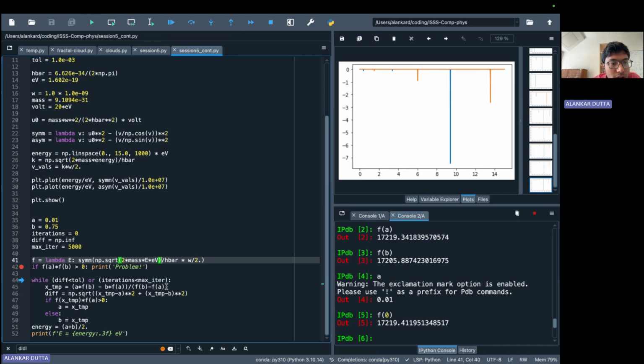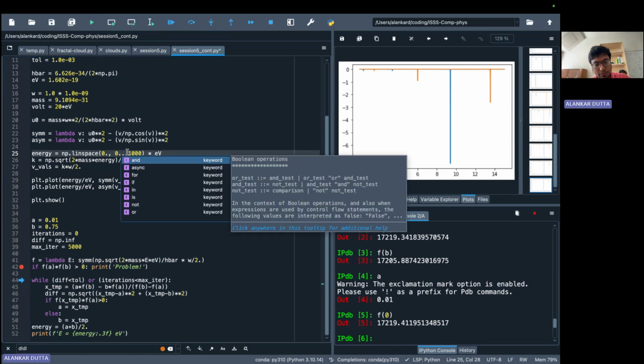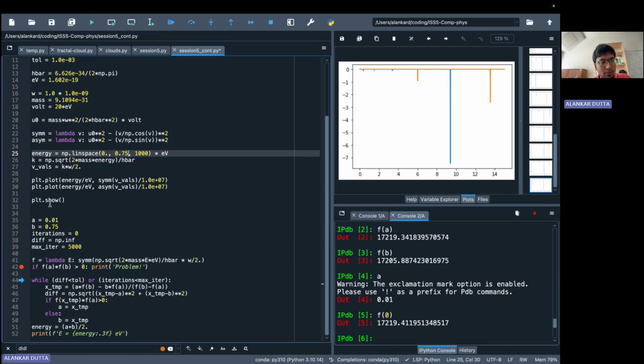KW by 2 and K is 2ME. Okay. Let's see. Let's go back to 0.75 just for this specific problem that we are dealing with.